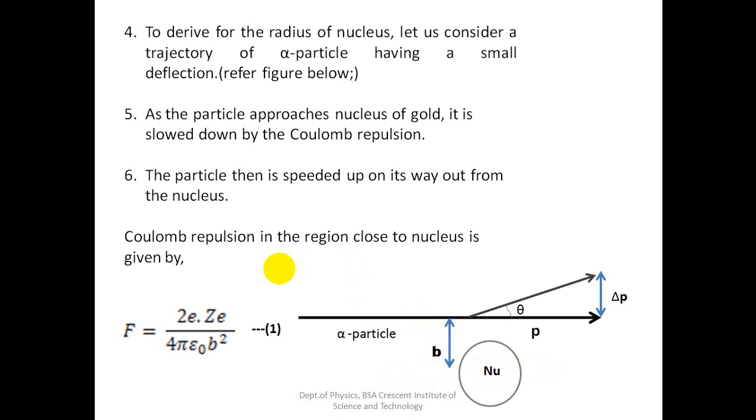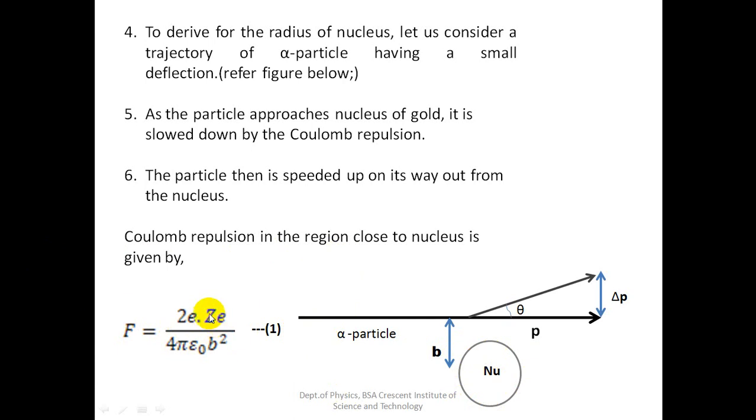And if you try to evaluate the Coulombic repulsion between the protons of the nucleus and the approaching alpha particle, we could do so by considering the Coulombic force F, which we normally know is the product of the magnitudes of two charges. One charge is Ze, because we do not know how many charges are inside the nucleus. For iron it could be 56, for different elements it is different.